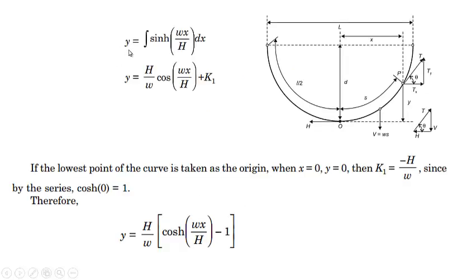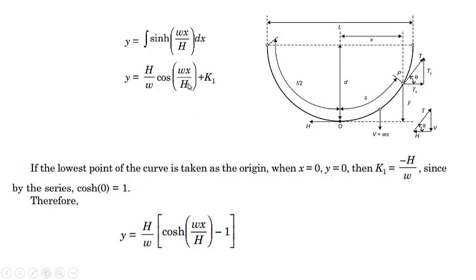When you integrate it, you will get the integral of sine hyperbolic wx by h into dx, and its integration will definitely be h by w cos hyperbolic of wx by h plus k1. So this k1, that is the constant of integration, can be found out in the same manner as we have done in the previous equation. So when x is equal to 0, y will be equal to 0.